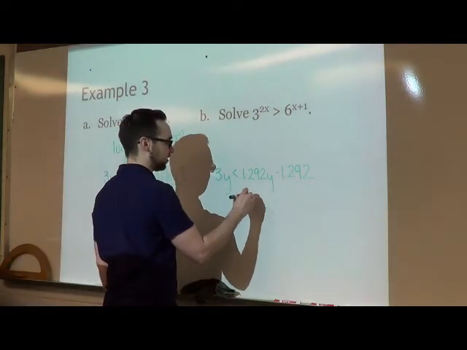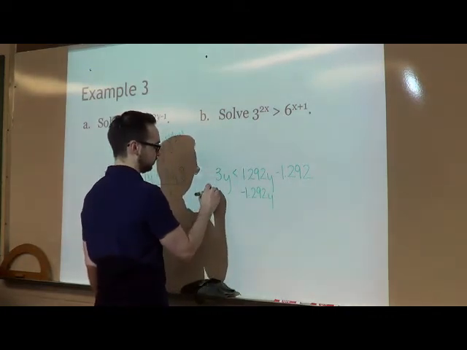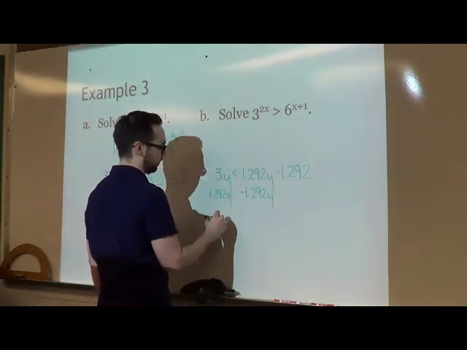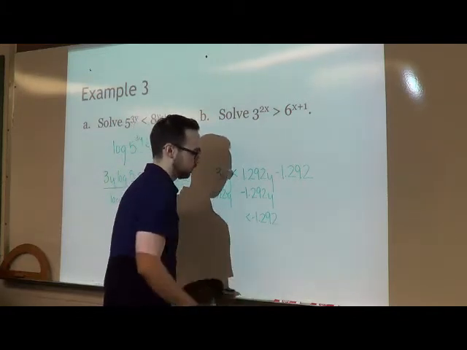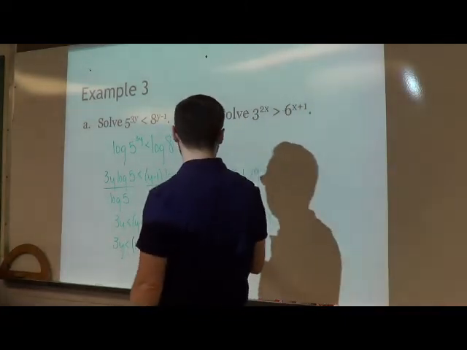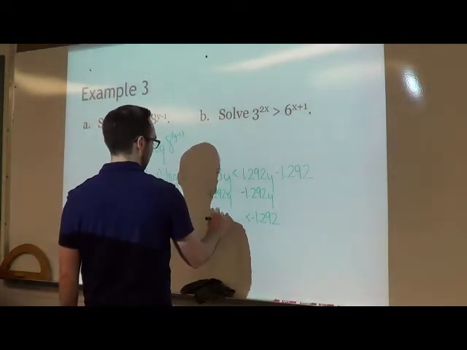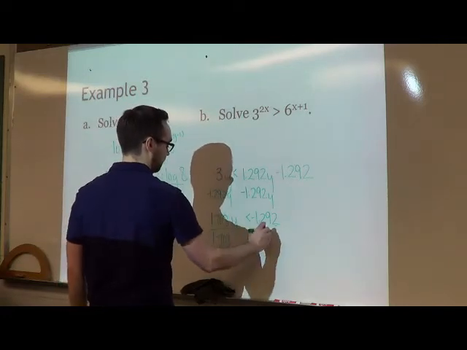Then I subtract this. So we get 3 minus 1.292, we get 1.708. So we have 1.708y. Then we just divide by 1.708.